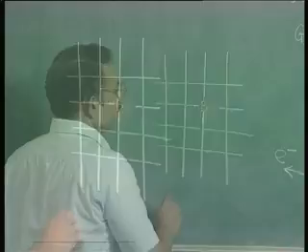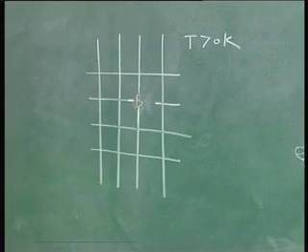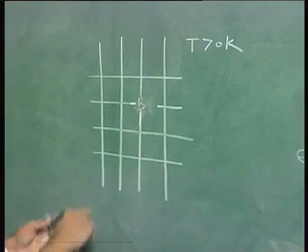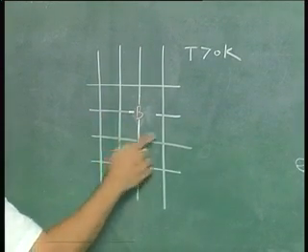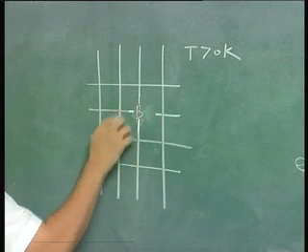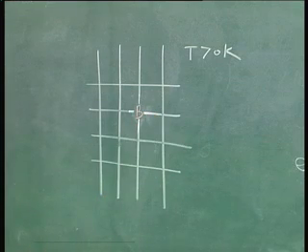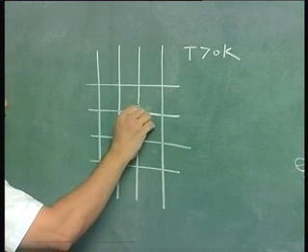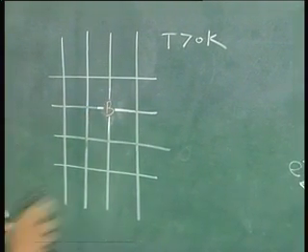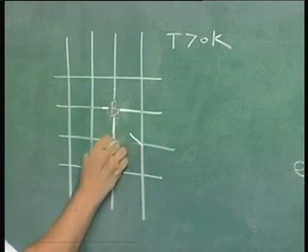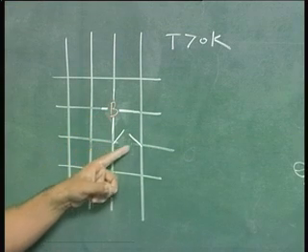Well, if you take for T greater than 0 K, it is possible for an electron from any one of these silicon to silicon bonds to jump into this site and fill in this place and establish this bond. If that happens, the electron which is coming to this boron atom will make this boron negatively charged, but since the electron has come from somewhere nearby, let us say it has come from here, it will leave behind a vacancy here.